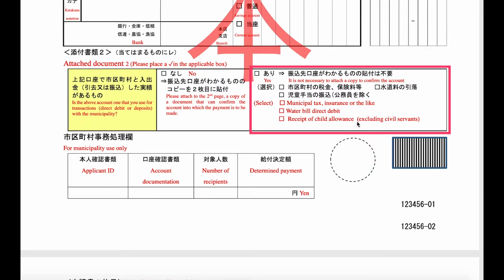If that's the same bank account, then you can check yes, you can check the purpose of its use, and then you don't need to submit any copies of your banking details. However, if the bank account that you've entered has got nothing to do with this lot here, then you just want to check no, and you want to submit copies of your bank account details. Let's be honest though, whichever box you're checking, even if you're checking the yes box, it will not hurt to submit copies of your banking details.